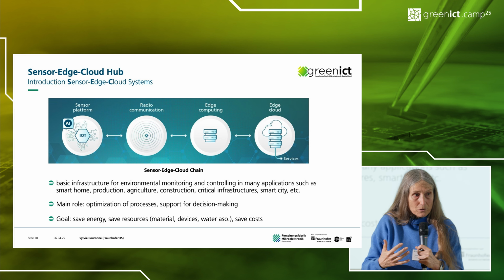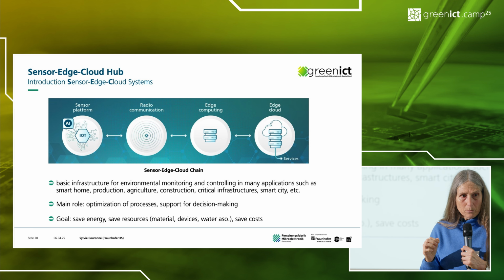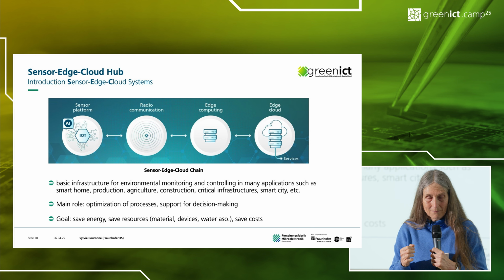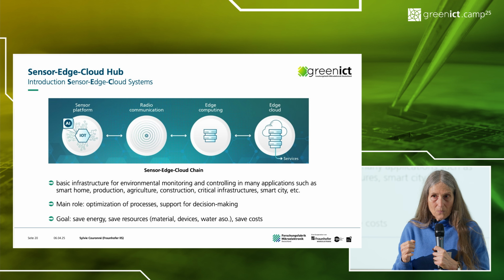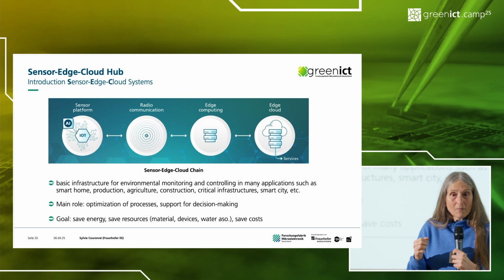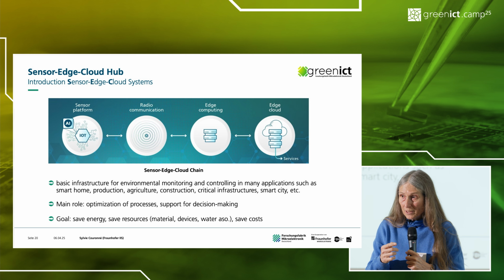Do you have an example? You do it on the sensor platform, for example, when you don't have the connection to transfer the data to the edge cloud. You have to do it on the sensor itself. That's a good answer.